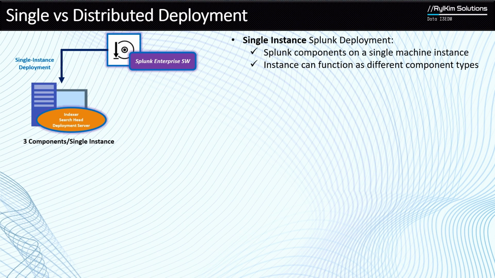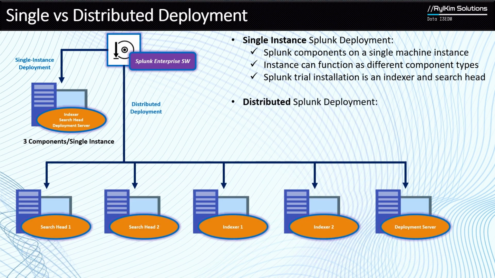So in this specific case, for example, you have a Splunk instance on a single machine that can act as an indexer, a search head, and a deployment server at the same time. And when you download the trial version of Splunk, it is an indexer and a search head already. Because if not, how are you going to be able to index data into that instance, and how are you going to be able to search data? So typically, your Splunk trial package is an indexer and a search head already.